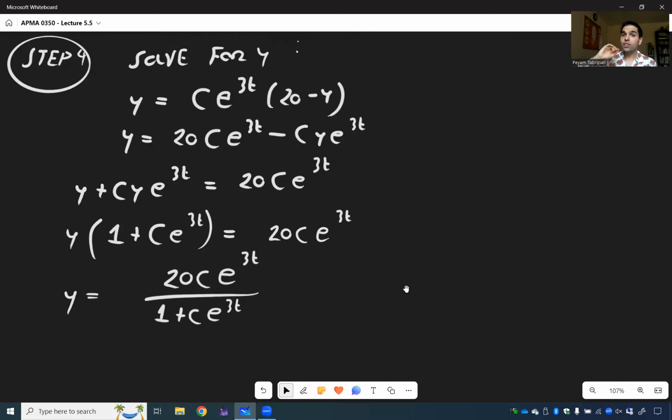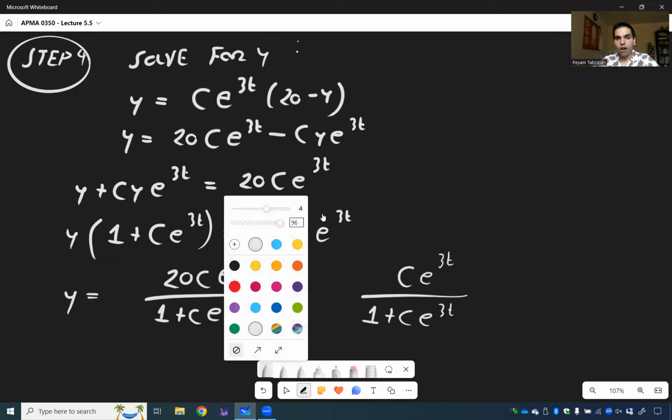Now, there's a huge mistake that people make at this step, because one way of arguing is to say, well, 20c is arbitrary, so we can just replace it by c, and get c e to the 3t over 1 plus c e to the 3t. But this is unfortunately wrong.